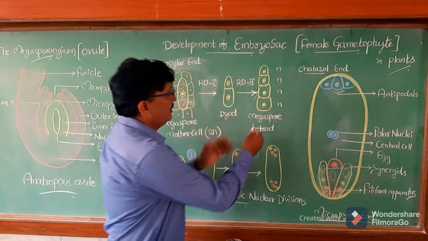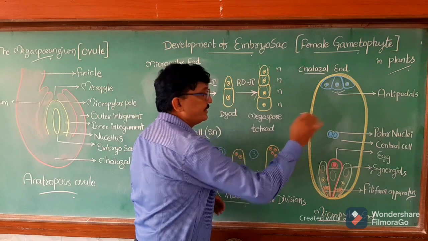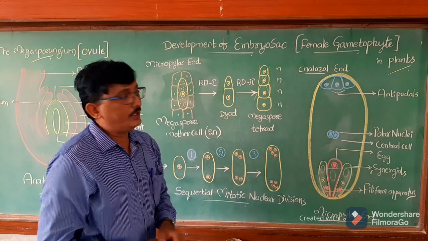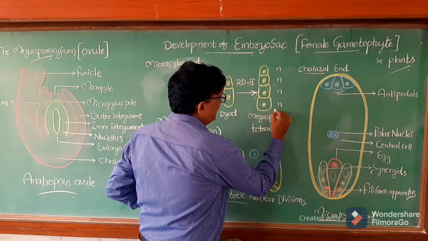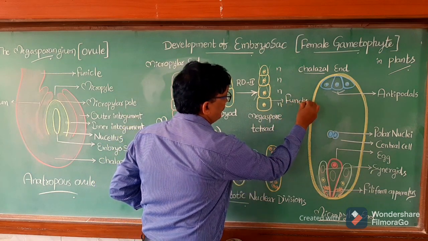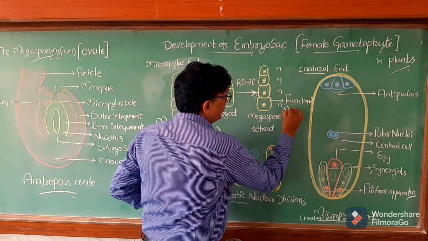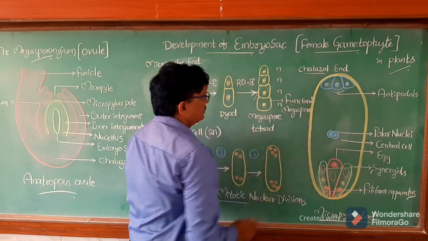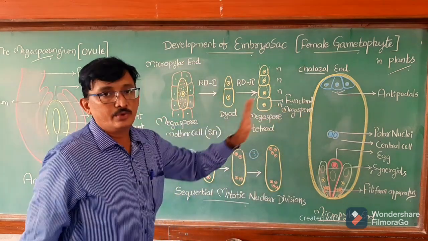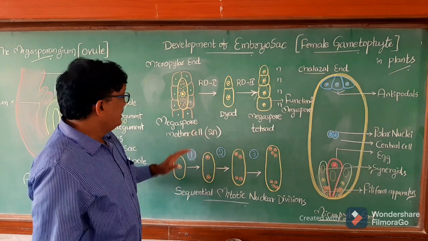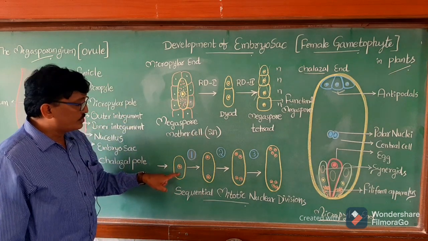That means this functional megaspore is going to continue the formation of the embryo sac. So, this functional megaspore is going to continue for the formation of the female gametophyte.